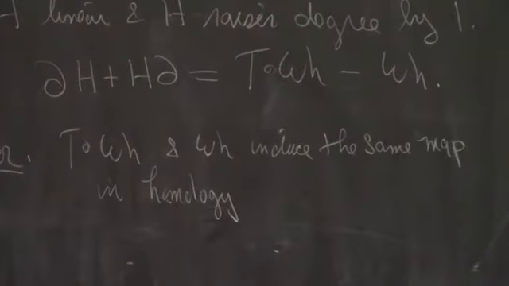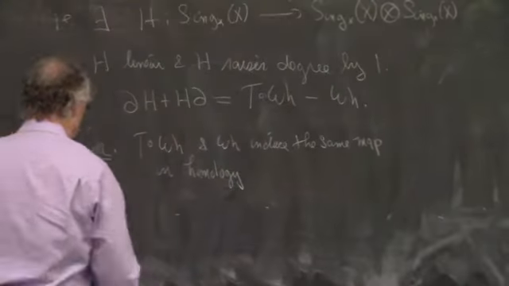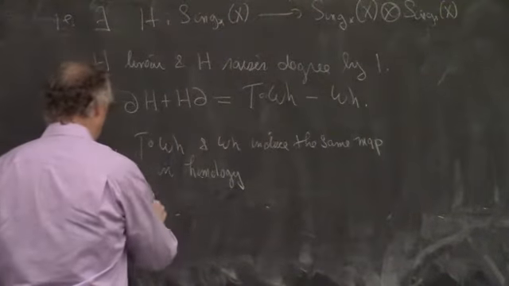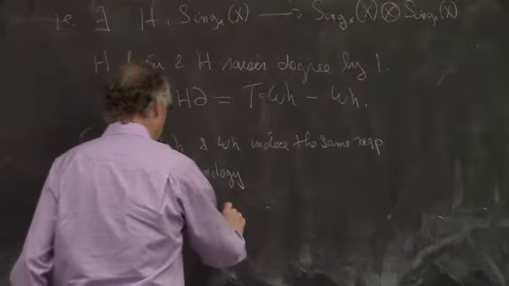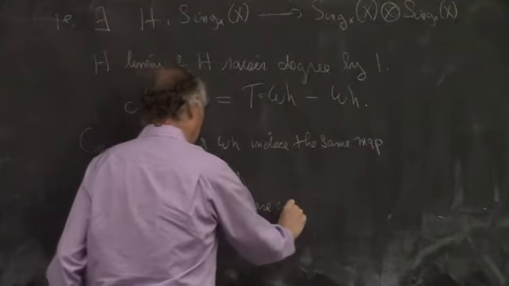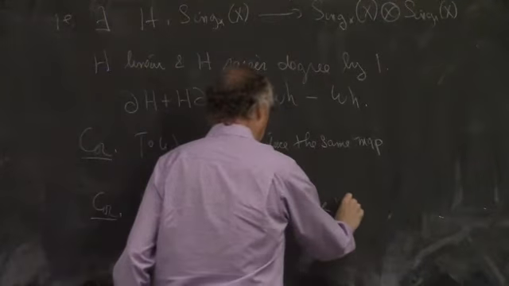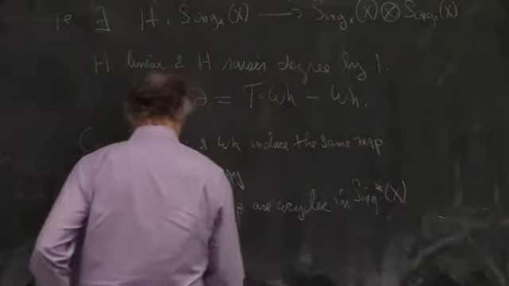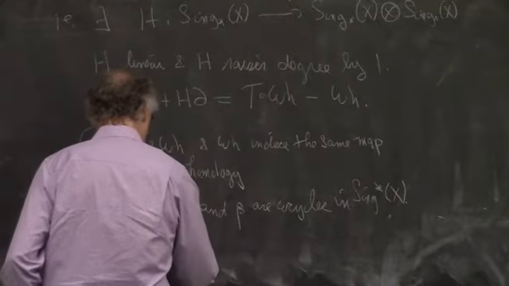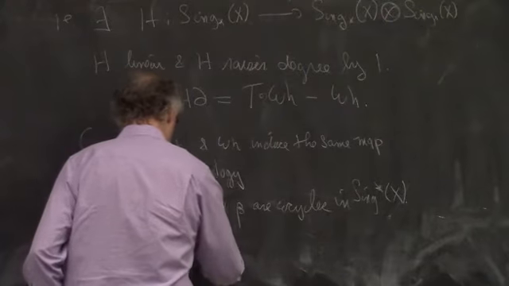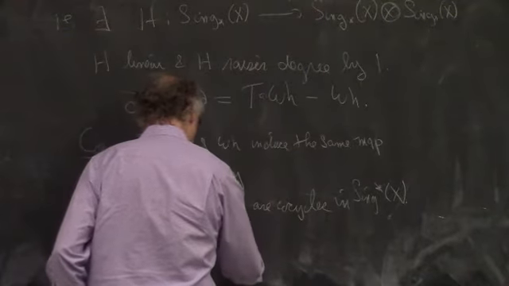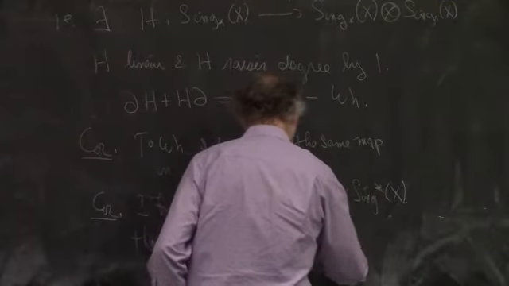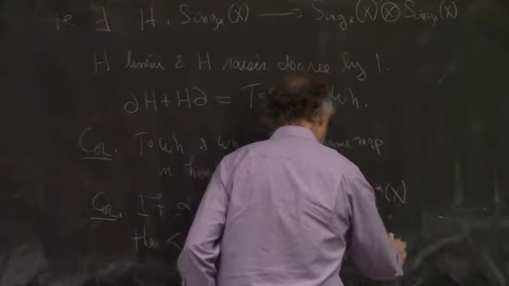But even better than that, and more relevant to what we're interested in, is that if alpha and beta are cocycles in sigma X, then alpha tensor beta on Whitney of sigma equals alpha tensor beta on T composed Whitney of sigma.